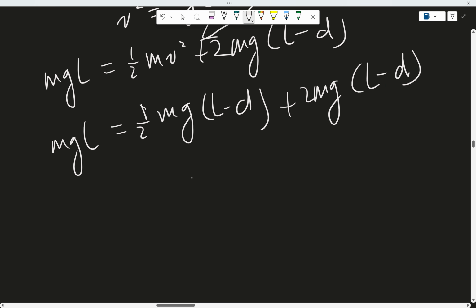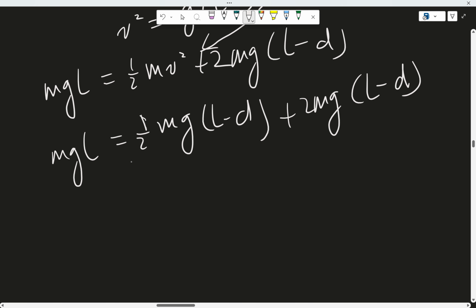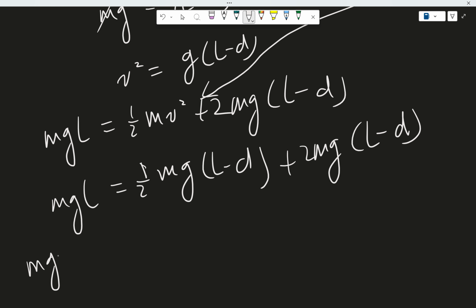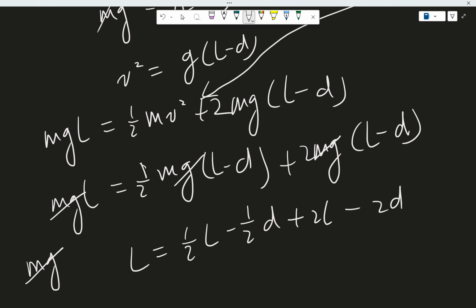And so then from there, what we can do is rearrange this equation to get d on one side and L on the other side. So mgL, let me just cancel out all mg here. So we have L equals half L minus half d plus 2L minus 2d.